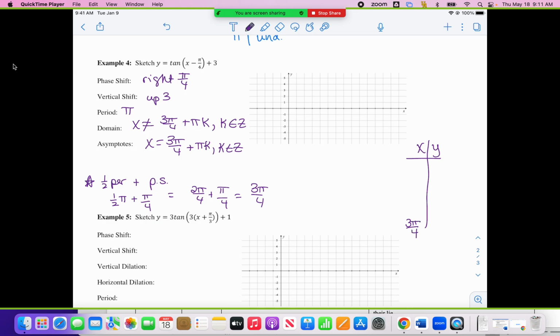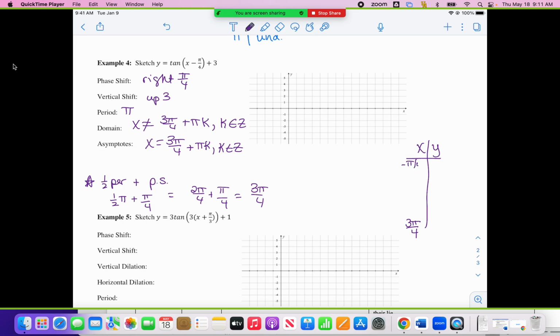It's not negative 3 pi over 4, because that's not a period length of pi. So can anybody figure out, if the period length is pi and I had plotted 3 pi over 4, what's pi to the left? Where would that land me on the x-axis? Negative pi over 4. Outstanding, you got it.